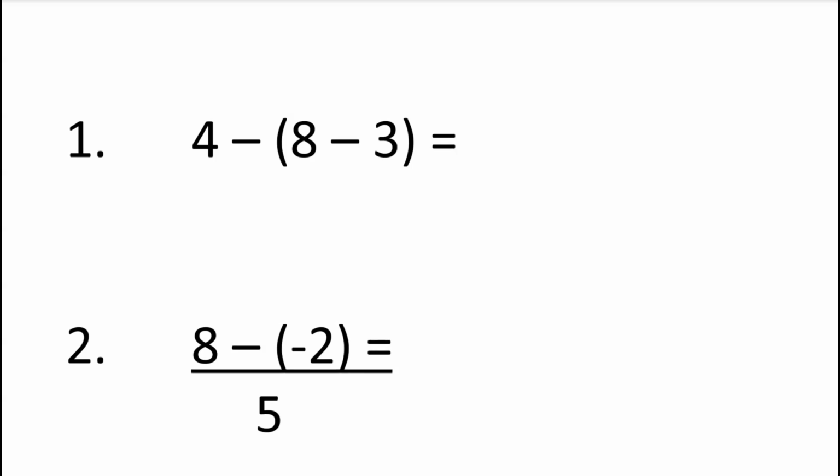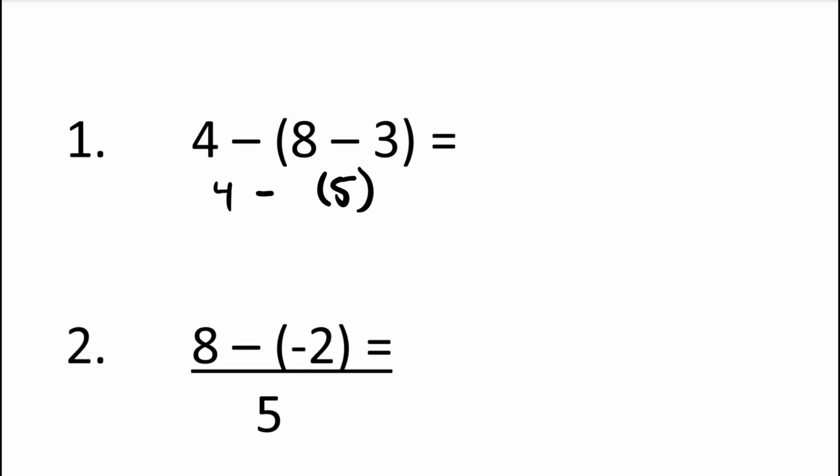In this situation there is, and inside the brackets we have 8 subtract 3. So 8 subtract 3 is going to get us 5, and then we'll continue with the 4 minus in front of it.